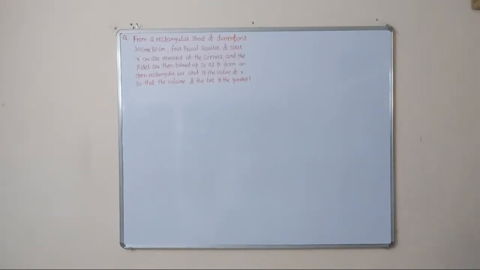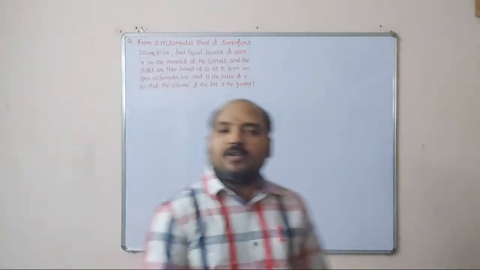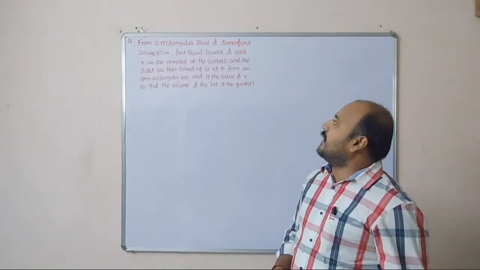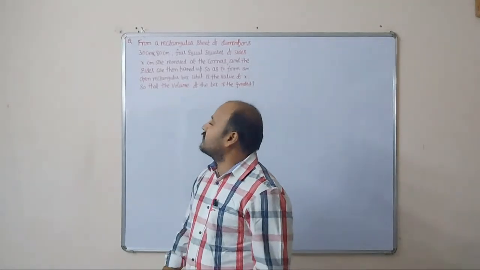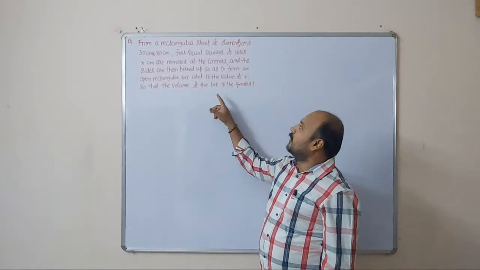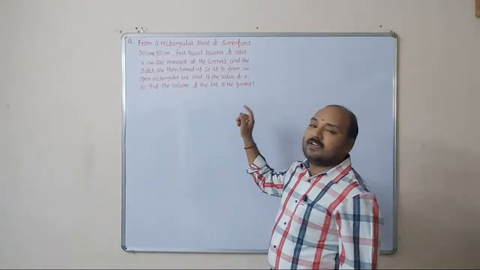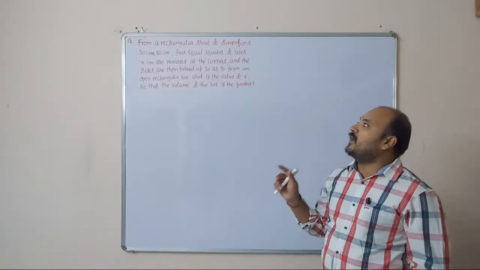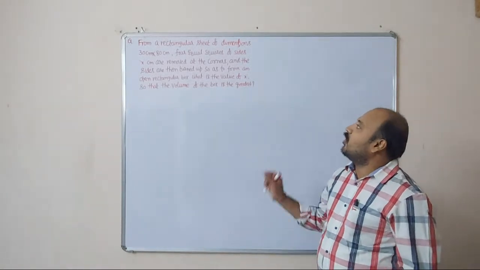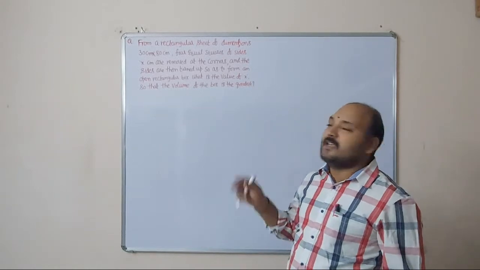From a rectangular sheet of dimensions 30 centimeters cross 80 centimeters, 4 equal squares of sides x centimeters are removed at the corners and the sides are then turned up so as to form an open rectangular box. What is the value of x so that the volume of the box is greatest?